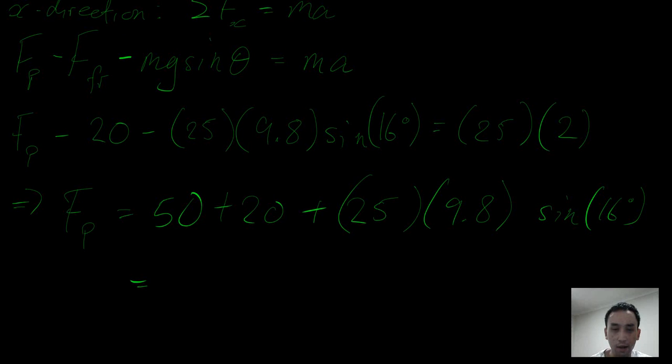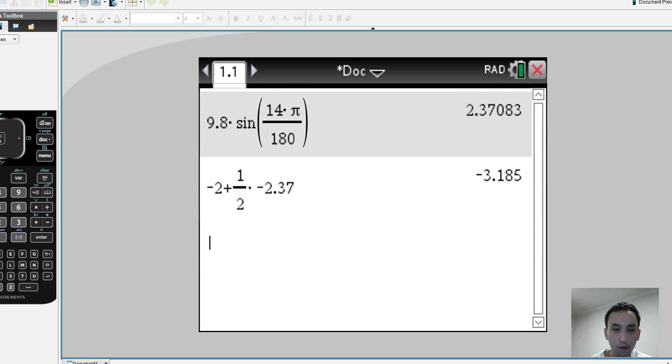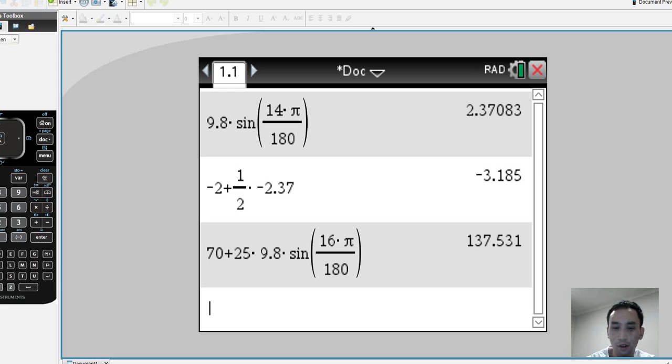Let's bring out a calculator. So we have 70 plus 25 multiplied by 9.8 multiplied by sine of 16 degrees. Now my calculator is in radians, so sorry about this, but I'm just going to do my quick conversion into degrees.